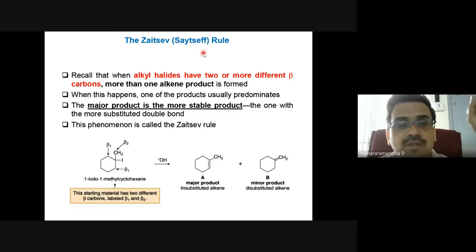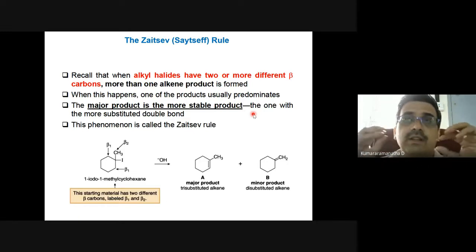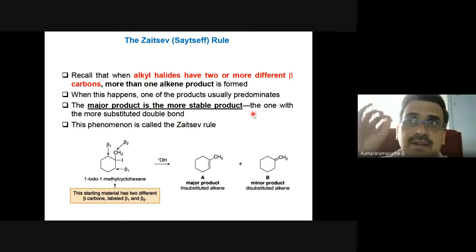It's the Zaitsev rule, which essentially applies when you have alkyl halides with two or more beta carbons. If you have beta hydrogens that you can eliminate, but there are two places where hydrogens can be removed, then if the reaction proceeds you get two alkene products: one is weakly substituted, a minor product, and the other is a major product.